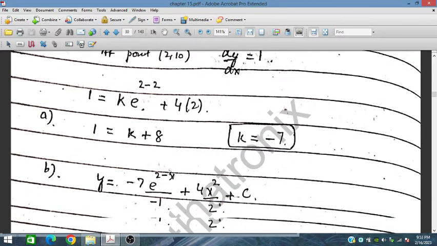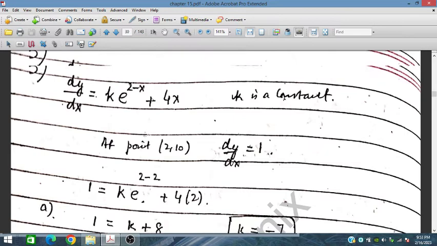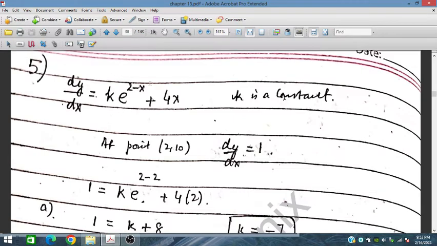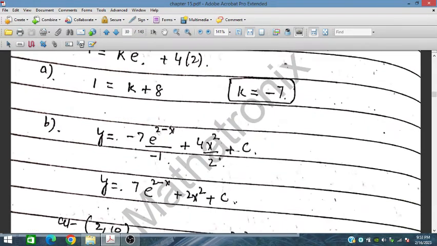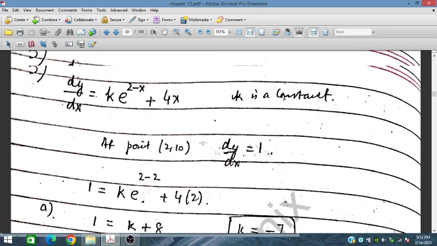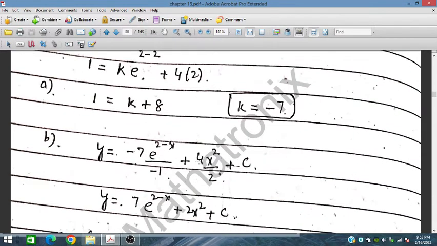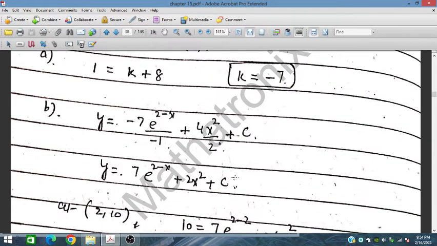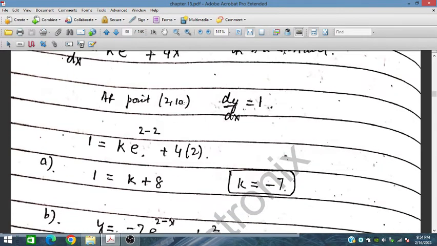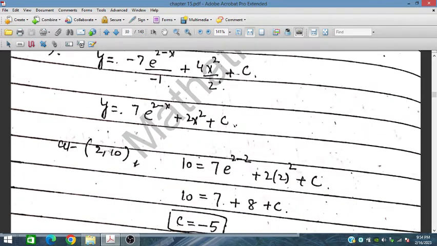So minus 7, we take e^(2-x) and take the integral of this. So this is e^(2-x) divided by minus 1 because of this minus, plus 4x^2 divided by 2, plus c. Now at (2, 10), x is 2 and y is 10, so we place 2 here and 10 here.